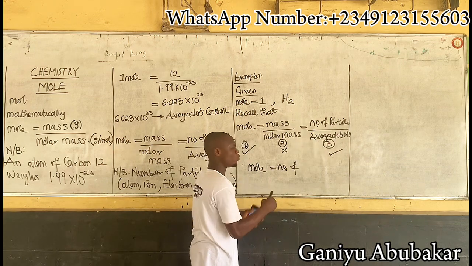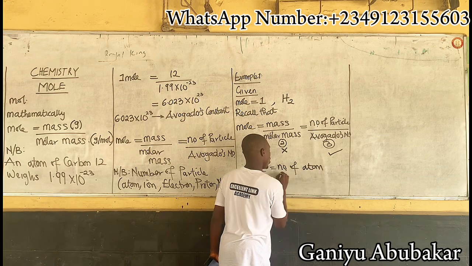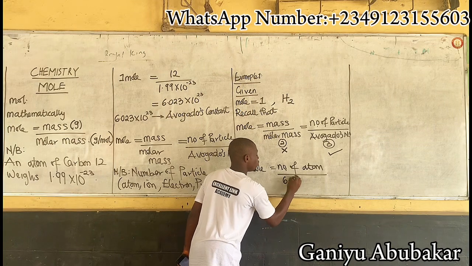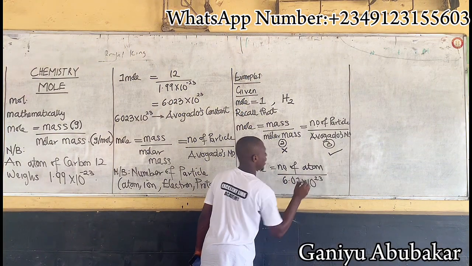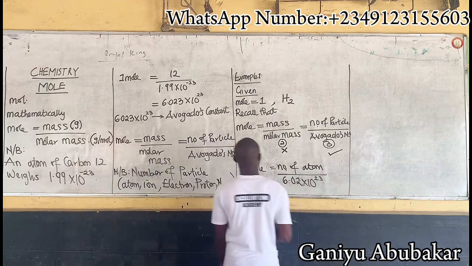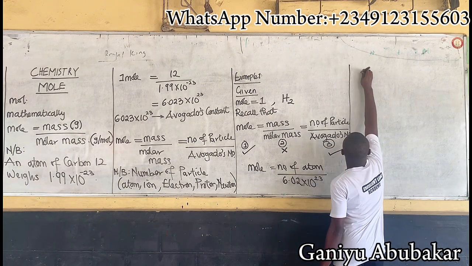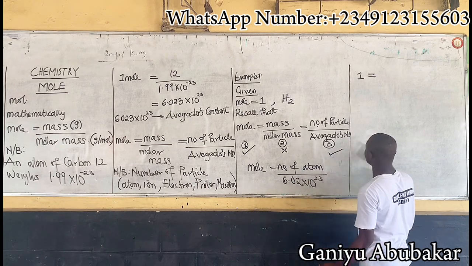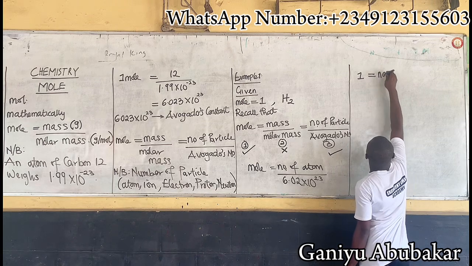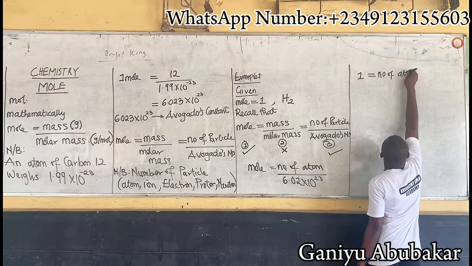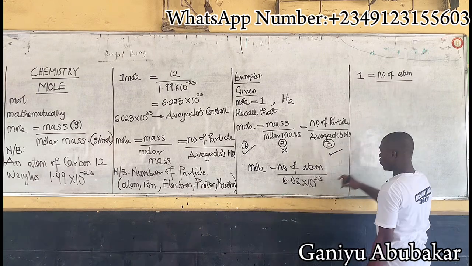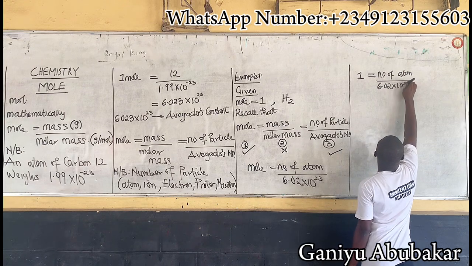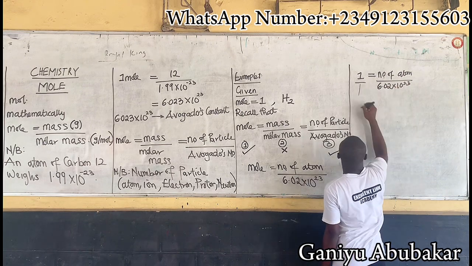So for this question, I'm using just mole equal to number of particles. The particle we're talking about here is atom. So mole equals number of atoms all over Avogadro's constant, which is 6.02 times 10 to the power 23. Put in your value. Mole is 1. So 1 equals number of atoms over 6.02 times 10 to the power 23. To get this value, I'll simply cross multiply.